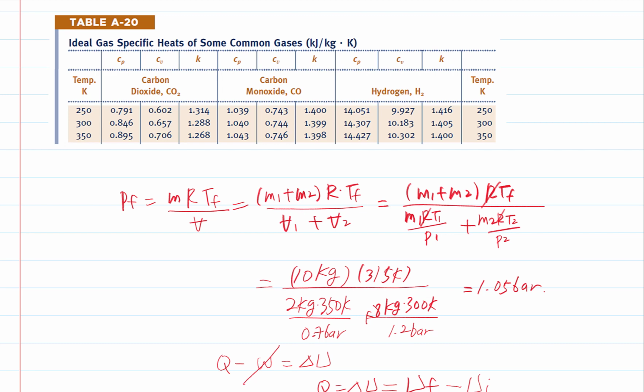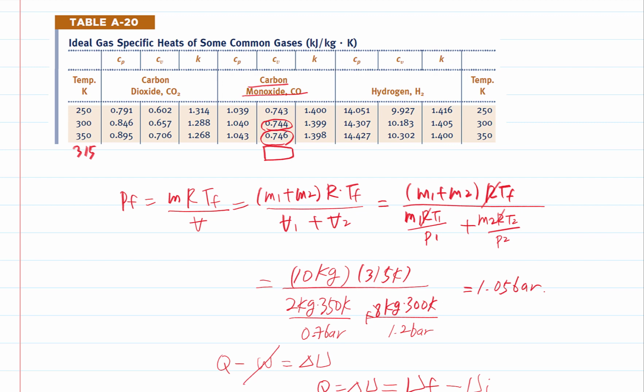In Table A-20, carbon monoxide is here, and at 350, Cv is 0.746, at 300, 0.744. So there's a very small change between the two temperatures. The process in our systems changes from 315 to 350, so we can calculate Cv at 315 Kelvin.